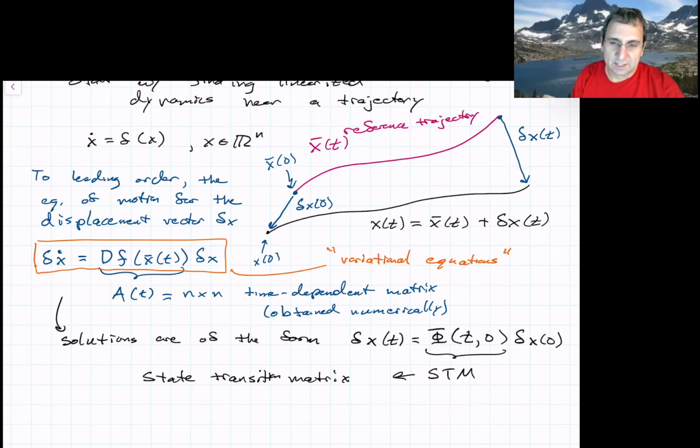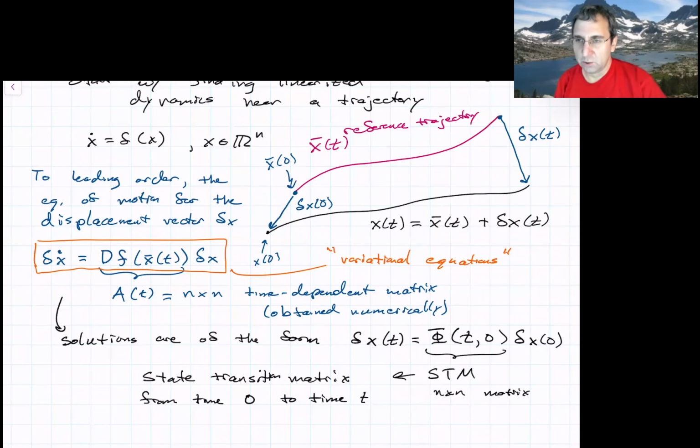So it's the state transition matrix from time 0 to time t. This is an n by n matrix that encodes information about the dynamics along the trajectory.